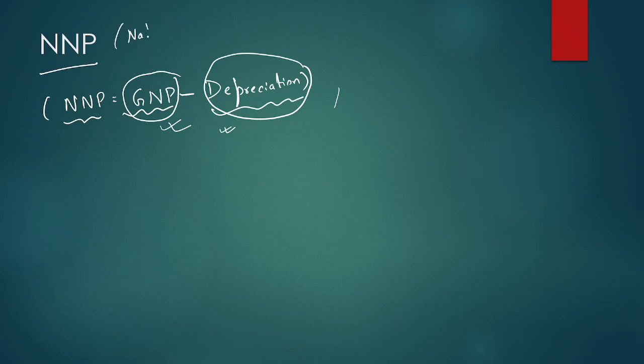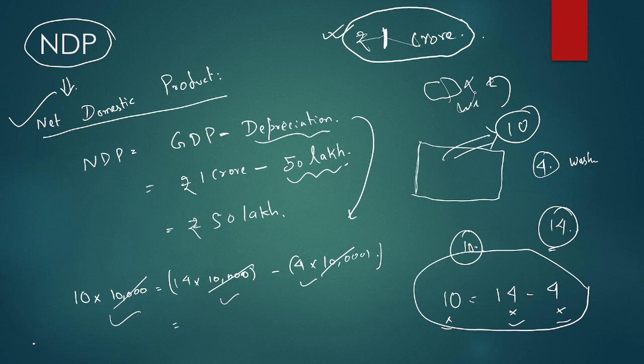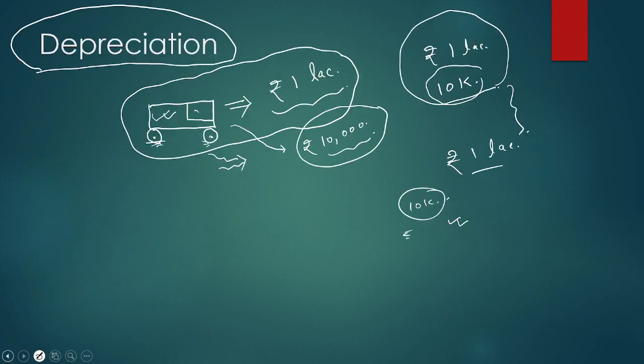This is net national product. It means here we are not considering the foreigners' income within the Indian territory. We are including the Indians who actually stay abroad, and we calculate the GNP. And again the maintenance thing, as I have explained, that's depreciation. We just subtract the two and we get net national product. Fine. So these things are important. Get them into your head and you will never forget. Okay, NNP is done, depreciation is done.